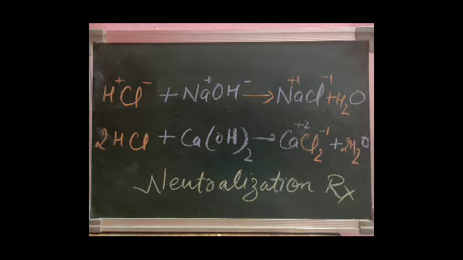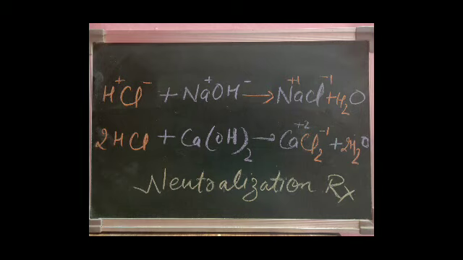As there are 2 atoms of chlorine, the total charge becomes minus 2. So calcium and chlorine have equal and opposite charges, they cancel each other and form a neutral salt, that is calcium chloride, and neutral water is also produced.